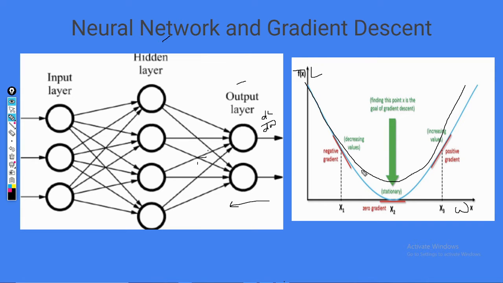For this non-linear graph, we need to find the slope, or you can say tangent, in order to find our global minima, which is nothing but here. How are we finding the global minima? Using the weights.